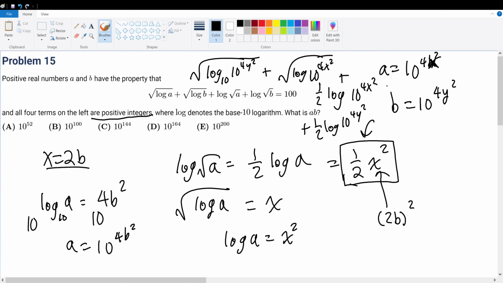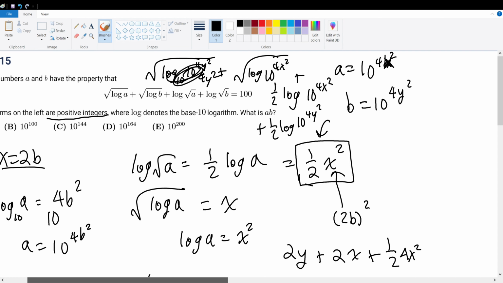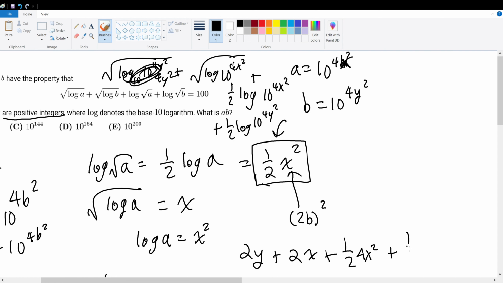So it gets a little messier, so let's simplify. We know that this is equal to 4y squared, and taking the square root, that's just 2y. And that goes for 2x, and the same goes for half of 4x squared, plus half of 4y squared, which has to equal 100.